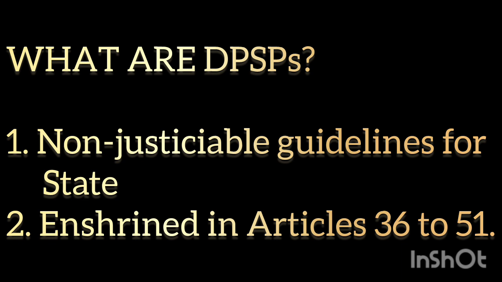They are not enforceable in a court of law. That means if the government doesn't follow them, you can't go to the court. But still, they are fundamental in governance. And the courts often read them with fundamental rights to interpret the Constitution in a balanced way. Think of them as the soul of Indian governance.